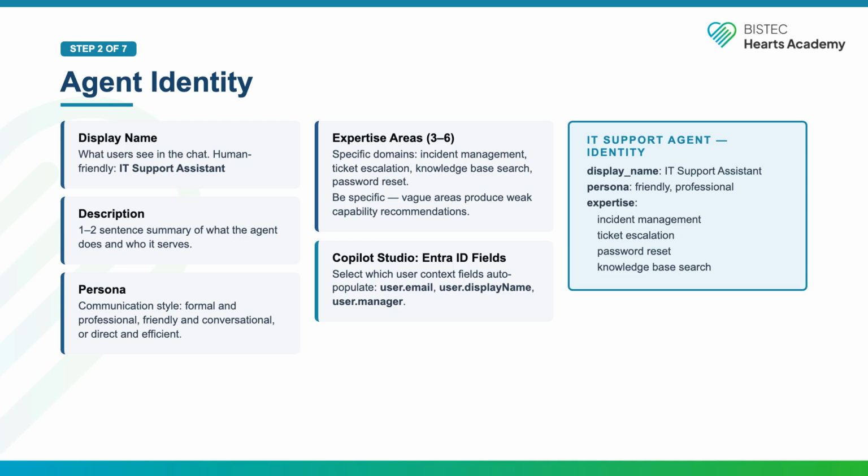The expertise areas are the most technically consequential part of this step. You provide 3 to 6 specific domains. Things like incident management, ticket escalation, knowledge-base search, password reset. These are not just labels. The wizard passes them to Claude in step 3 to seed the capability research.